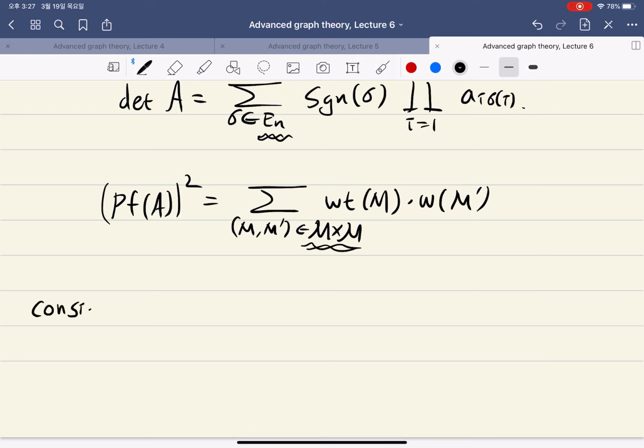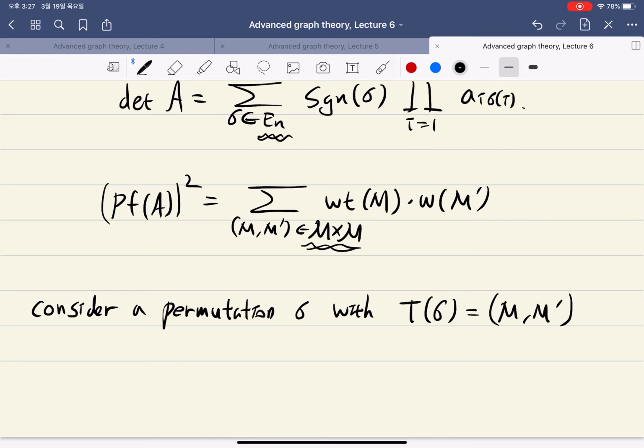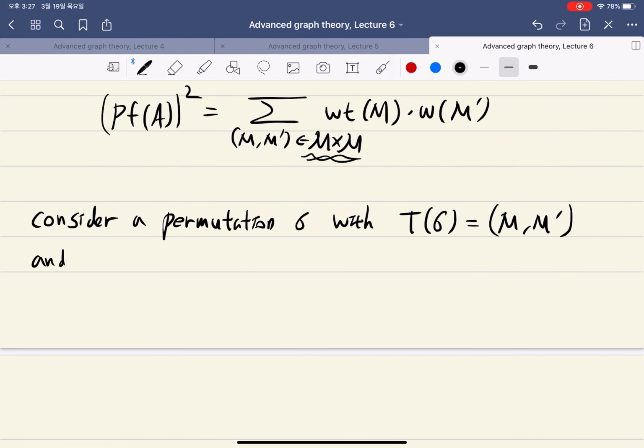So we consider a permutation sigma with the bijection sending sigma to m comma m prime, and let C1 to Ck be the cycles in sigma which have even length.